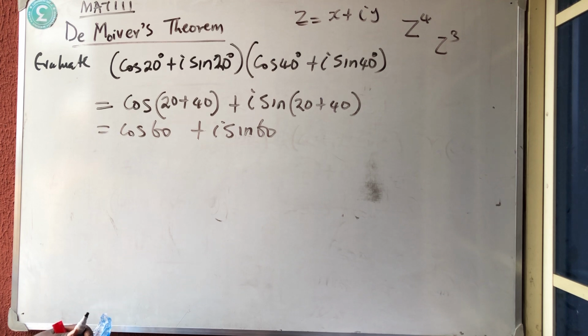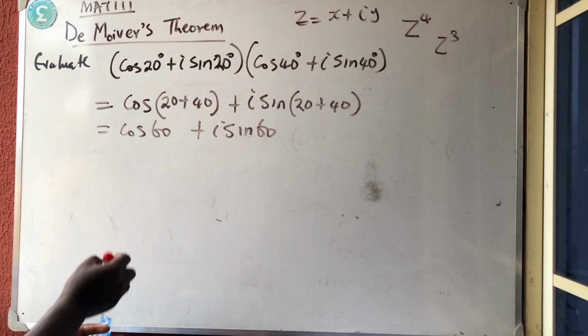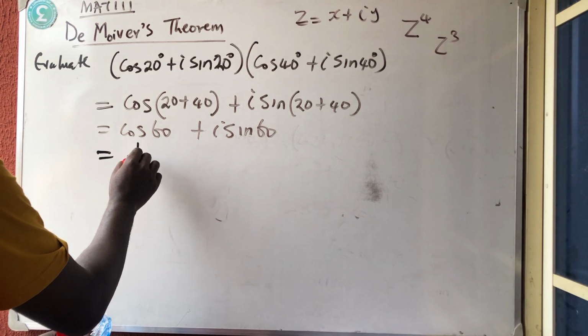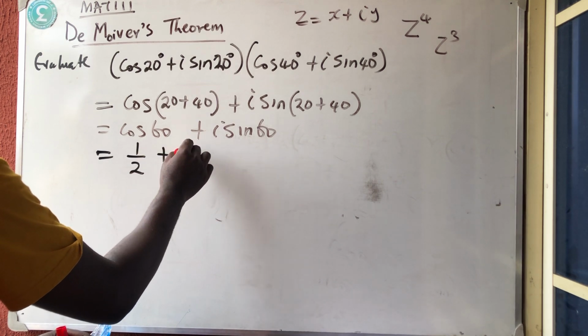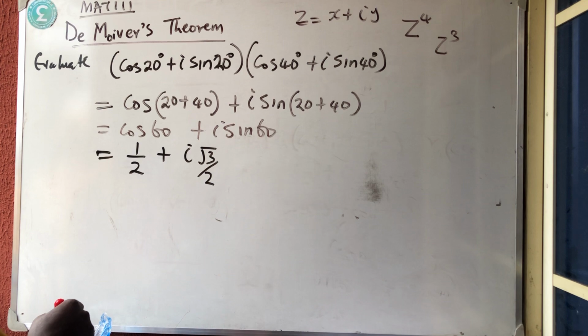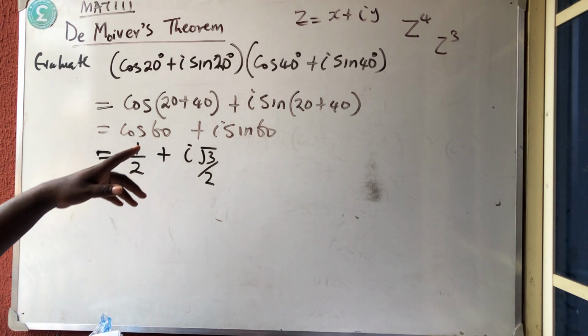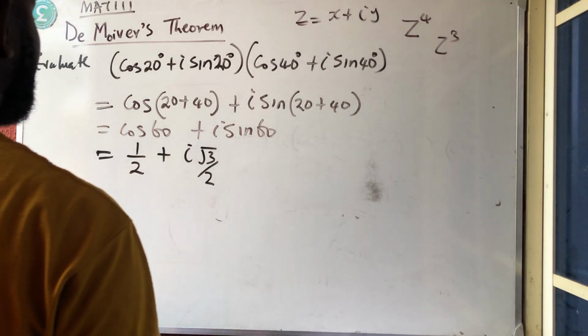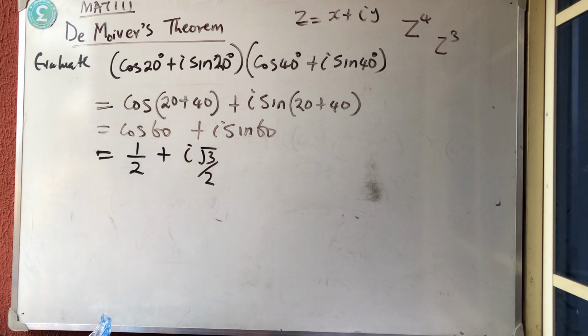I hope you know. So this is equal to 1 over 2 plus i root 3 over 2. If you don't know how I got this, go to my video on trigonometry. You will understand that. So that is question number one.